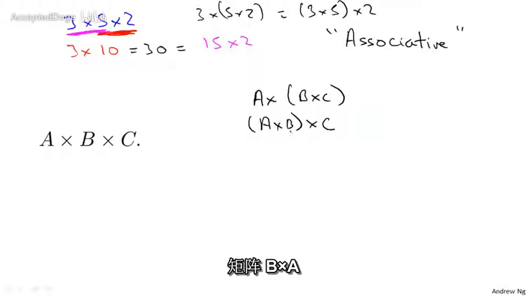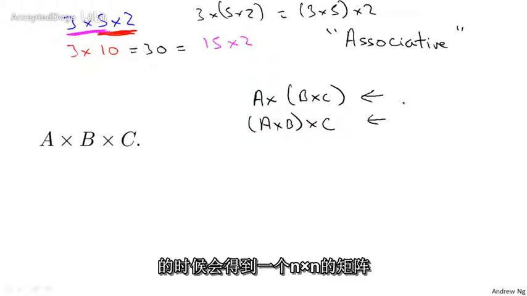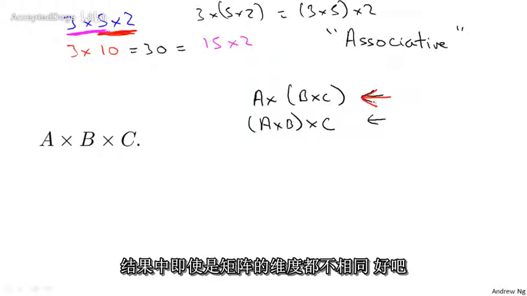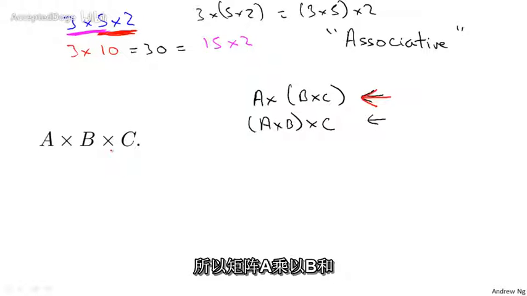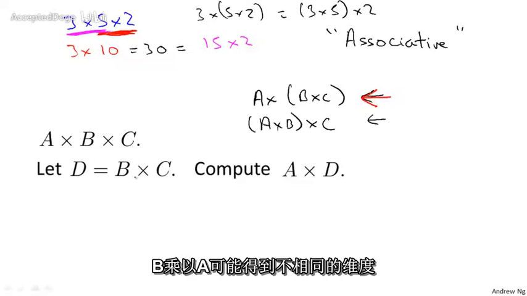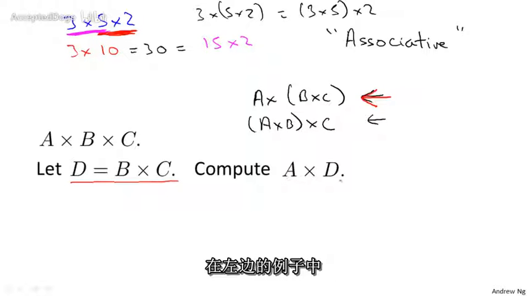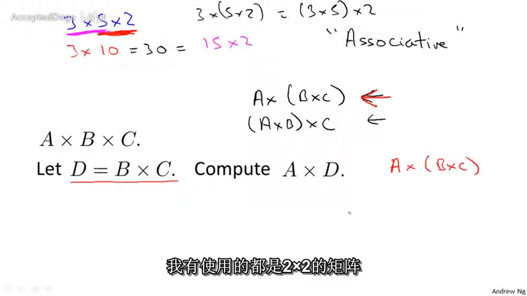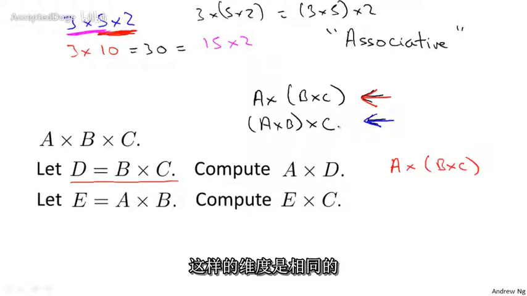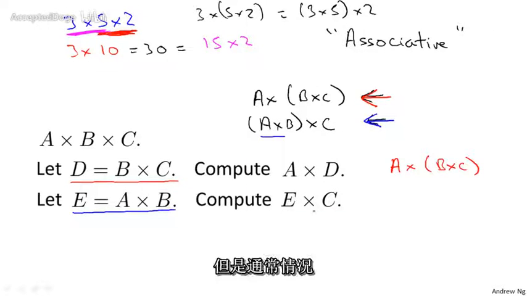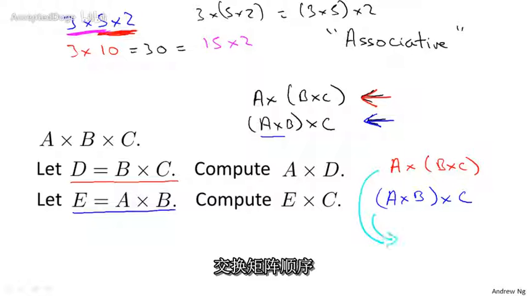So just to be clear what I mean by these two cases, let's look at the first one. If you actually want to compute A times B times C, what you can do is first compute B times C, so that D equals B times C, then compute A times D. And so this is really computing A times B times C. Or, for this second case, you can set E equals A times B, then compute E times C, and this is then the same as A times B times C. It turns out that both of these options are guaranteed to give you the same answer.